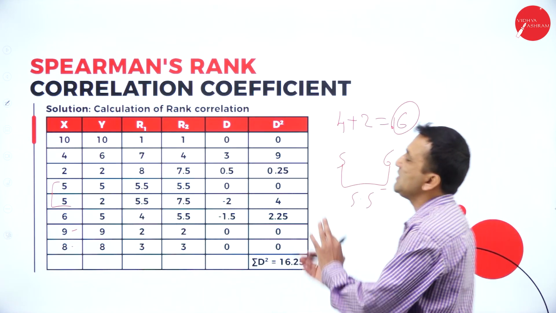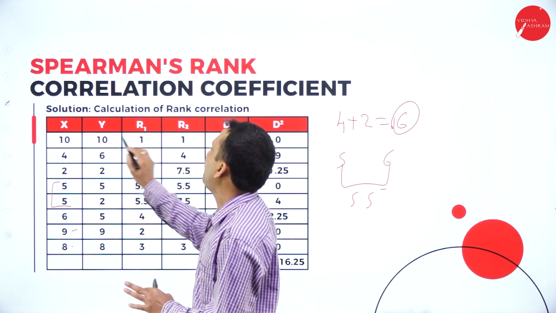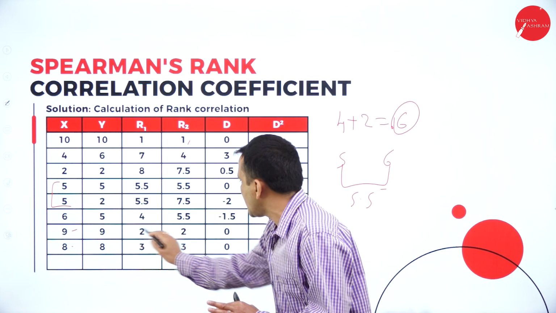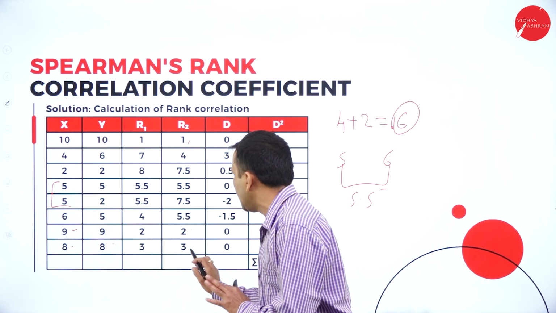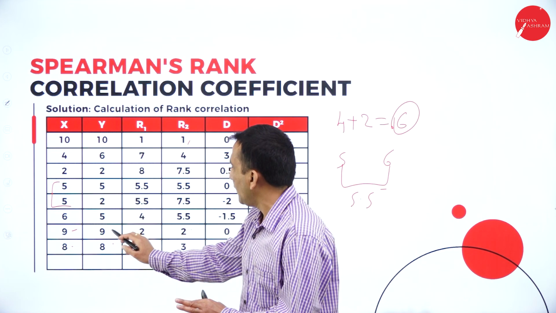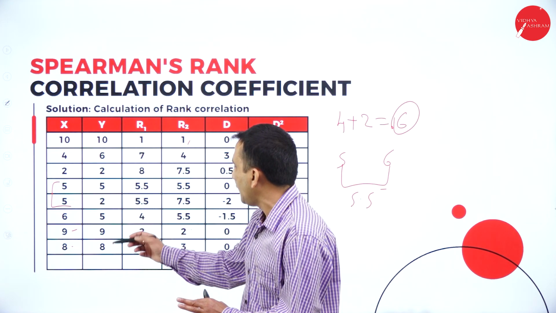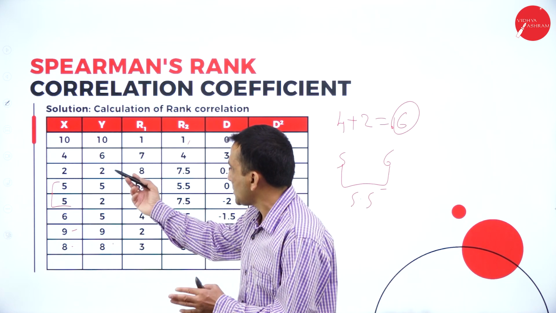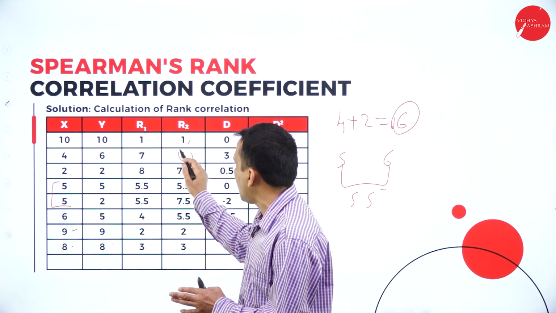Now moving to the Y series. The first rank we assign to 10, the highest mark. Second rank is 9. Third rank is 8. After 8 there is no 7, and 6 gets the 4th rank, so the 4th rank is completed.